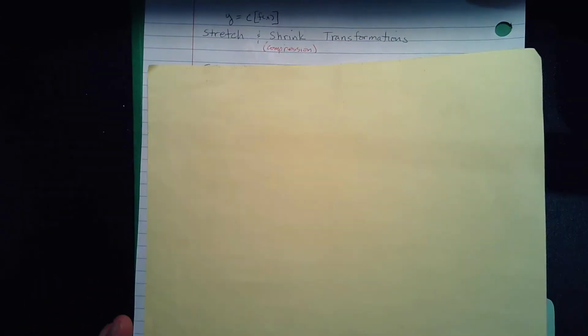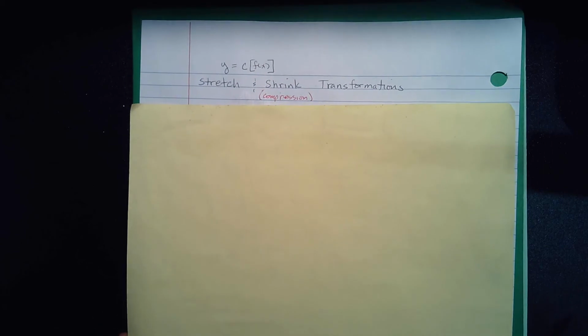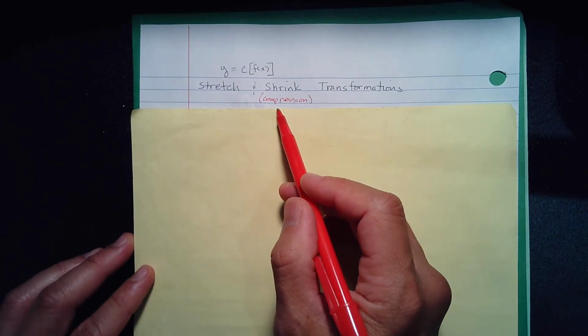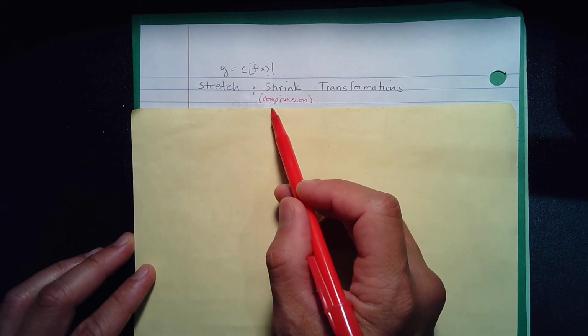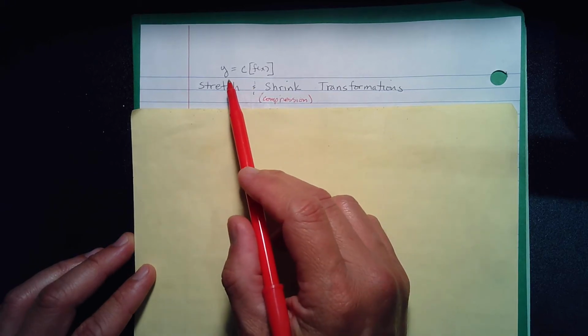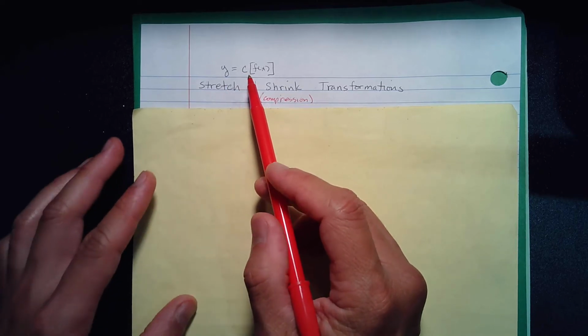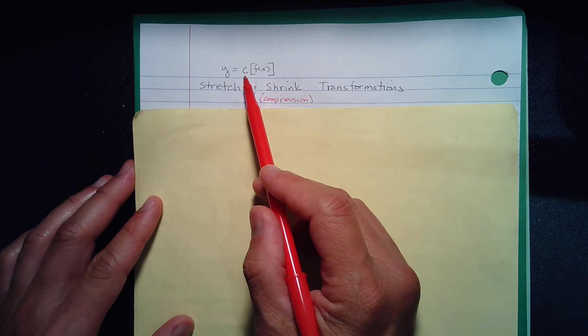Next type of transformation is called a stretch and a shrink. Now in other books, they call it a compression. A stretch and a shrink occurs when there's a factor of a constant with the leading coefficient.